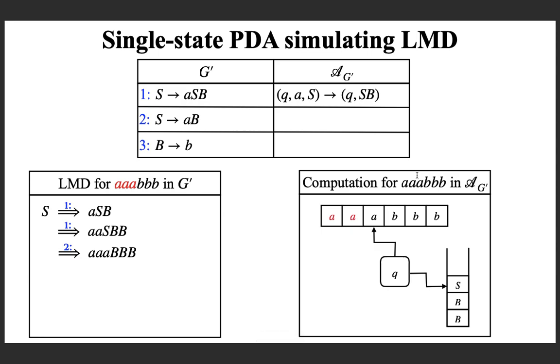Now see, you applied production number 2. According to the logic, what is the transition that you need? Production number 2 is this.